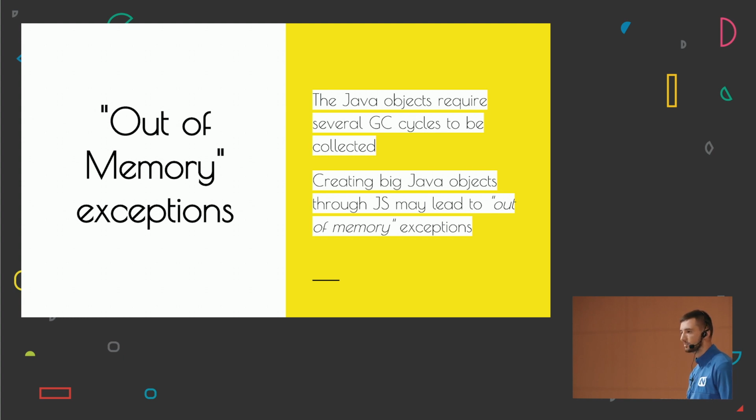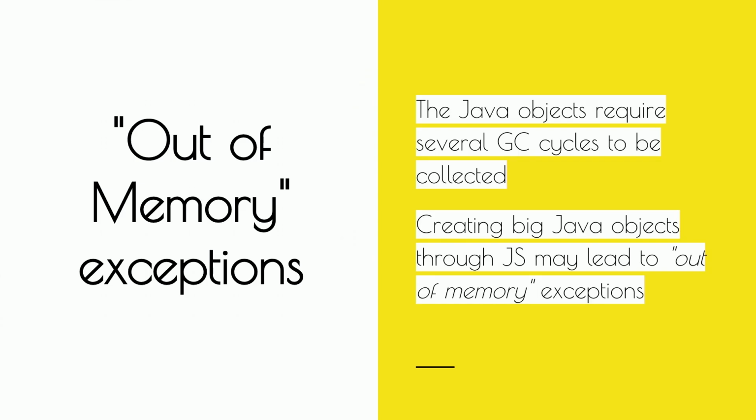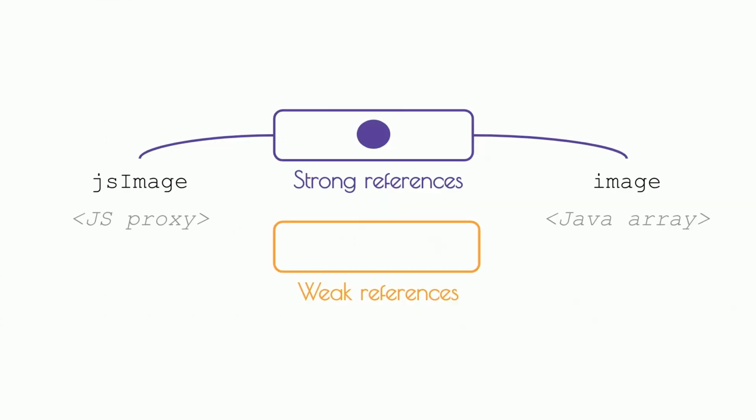And this is because collecting some native object instantiated through JavaScript needs several GC cycles in order to be deleted. And such an example, as I said, is when we create a big image through JavaScript.